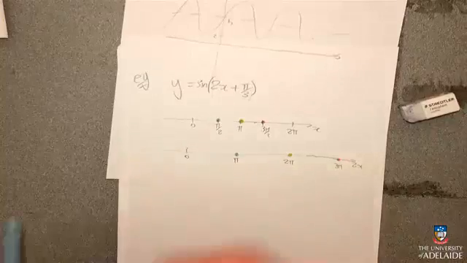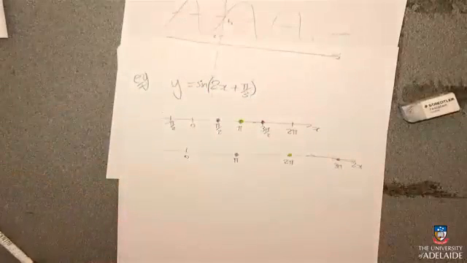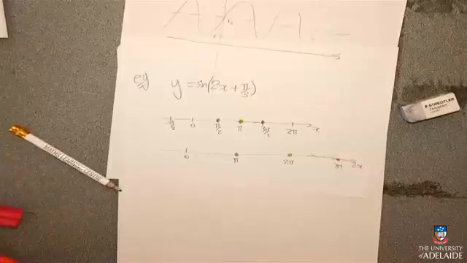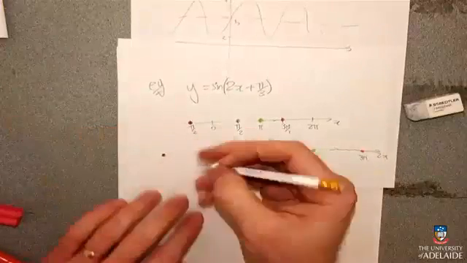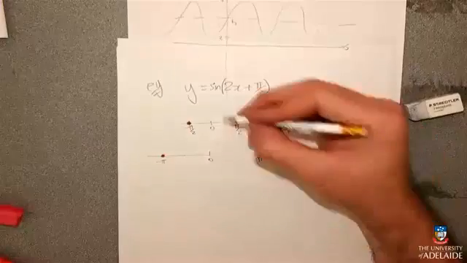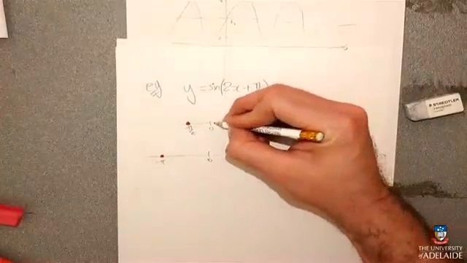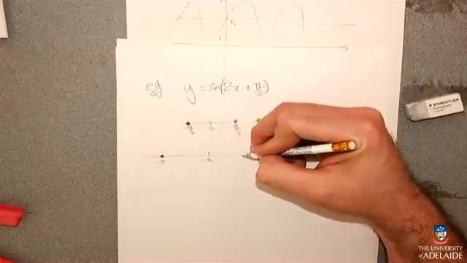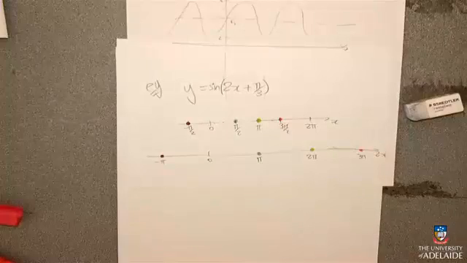And just for completeness' sake, this minus pi on 2 got multiplied by 2 and it ended up over here at minus pi. So presumably this pi on 4 ended up here at pi on 2, and this pi on 6 ended up here at pi on 3, and so on. So everything got stretched out, okay? And then I'm going to add pi on 3.